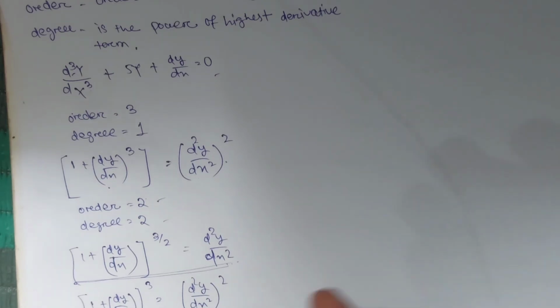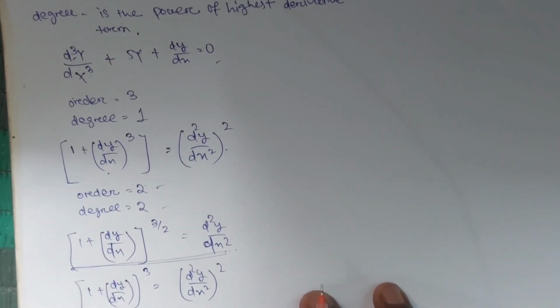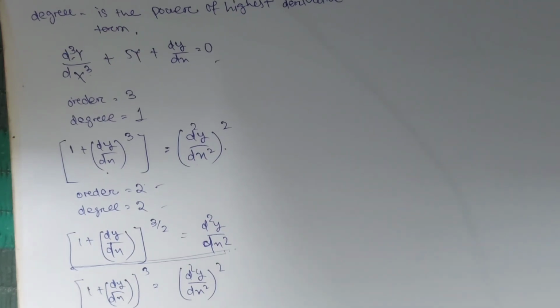Okay, so similarly you can do this. We have already seen what a differential equation is, as it contains a differential coefficient, then we saw the physical significance, and then we talked about the identification of differential equation.